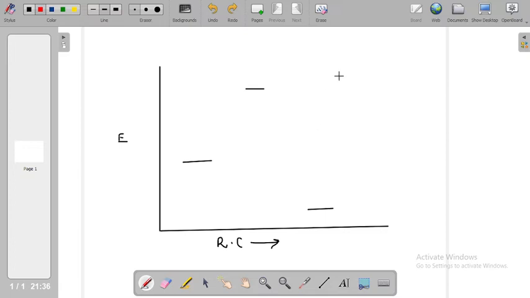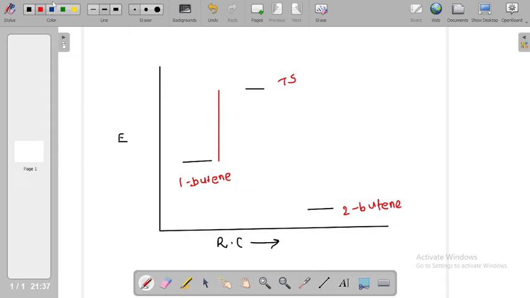To deal with the reaction rate, we only deal with the energy difference between the transition state and the reactant. The energy difference between the transition state and 1-butene is this one, that means the activation energy for 1-butene, and this is for 2-butene. And this is TS.